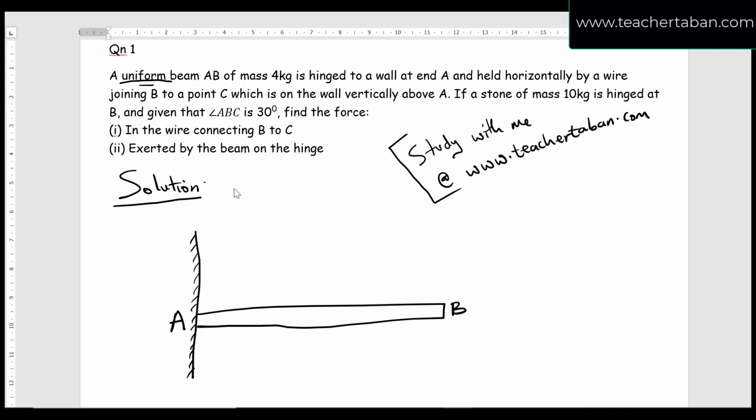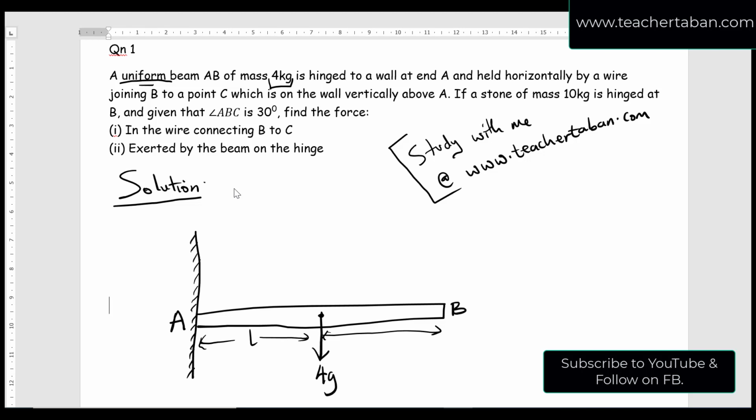The center of gravity is in the middle, meaning that if it is of mass 4 kilograms, then its weight must be 4g. So the 4g acts in the middle there. That is its weight. If I assume this one to be our length L, then this other one should also be our length L as well.